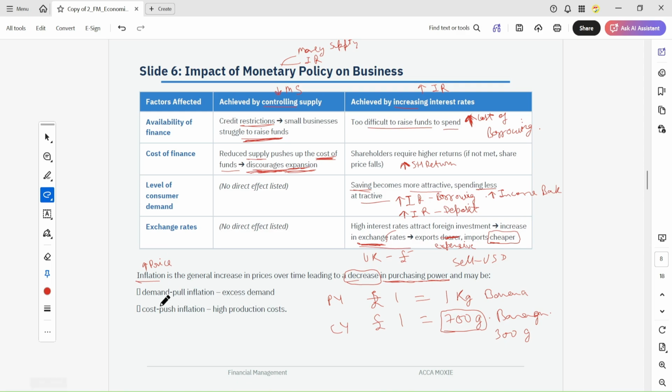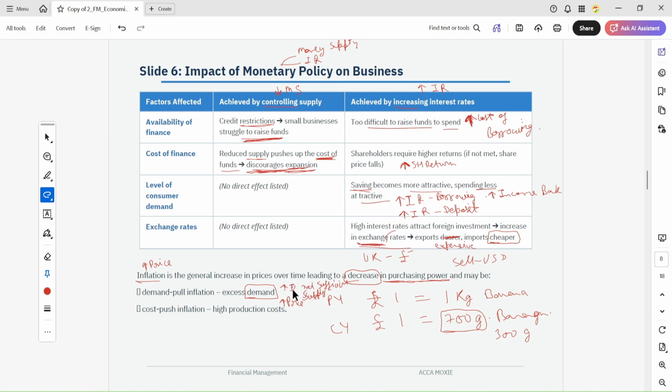Demand-pull inflation is when there is excess demand in the economy. You know that when there is high demand and there is not sufficient supply, what happens?